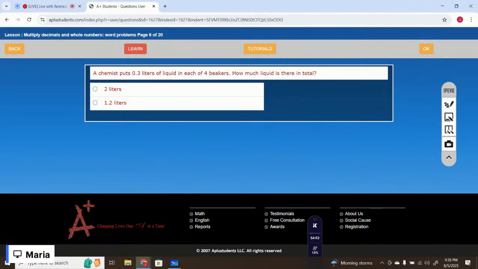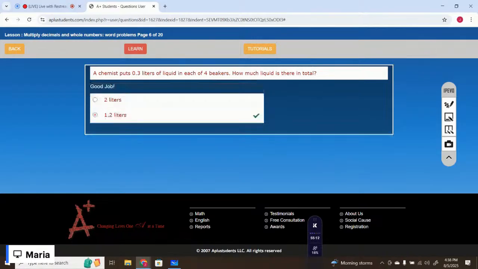How much liquid is there in total? Option number 2 is the correct option. That is 1.2 liters.